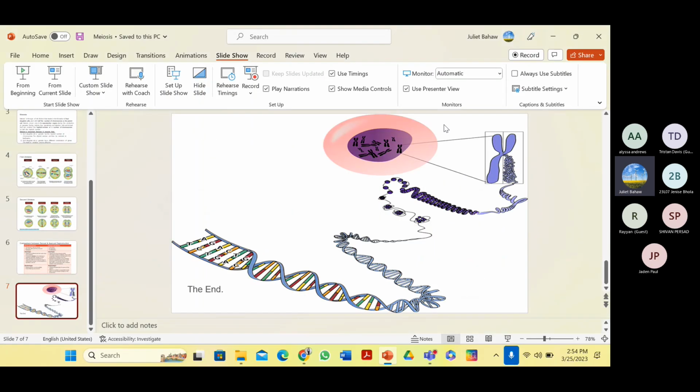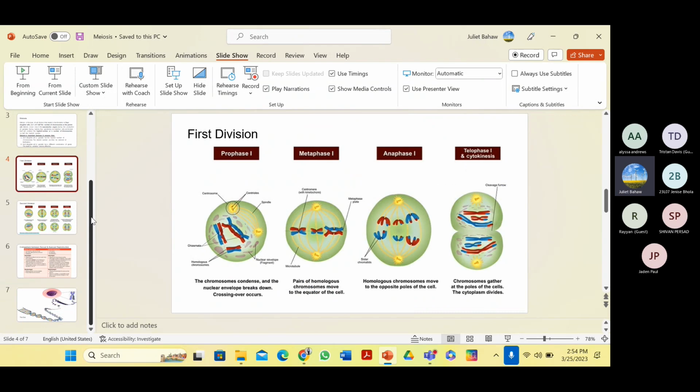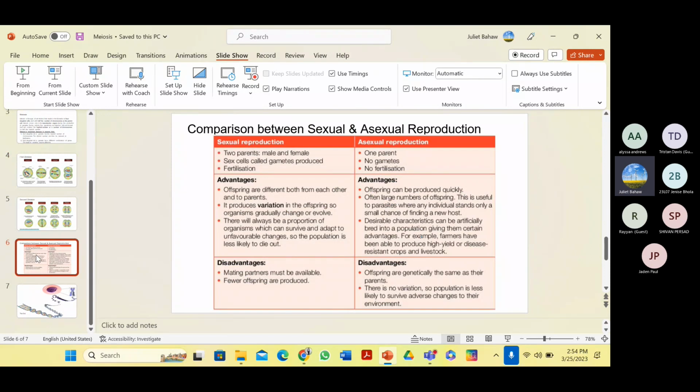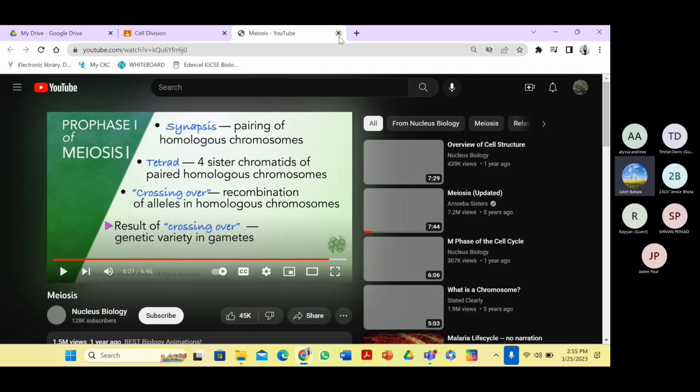I will leave you all to go through the notes from the video and take them down. Also take down, if you have to redraw or if you have to print, what have you. I encourage you to take down this table in slide 6. All right, and then study for your mitosis and meiosis quiz for next week.